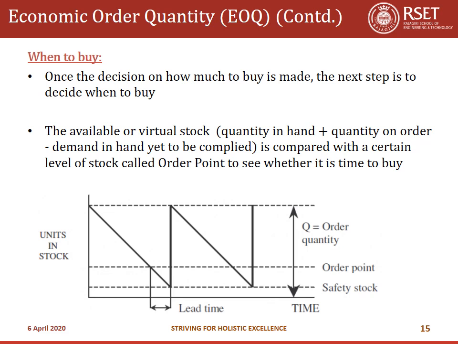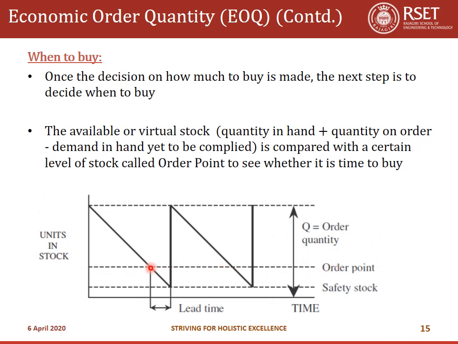Now that is compared with a certain level of stock called order point to see whether it is time to buy. So I'll explain it using this graph. These are the units in stock and this is the time. Now you have a lot of units in stock. As time progresses, your units are going to reduce, and then at a particular point you decide to order more material.